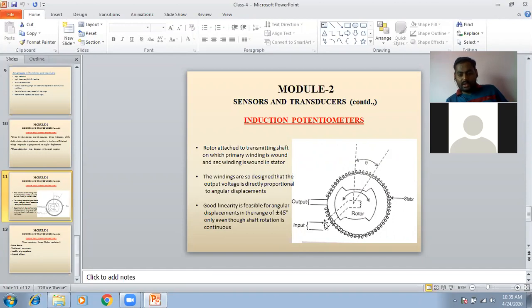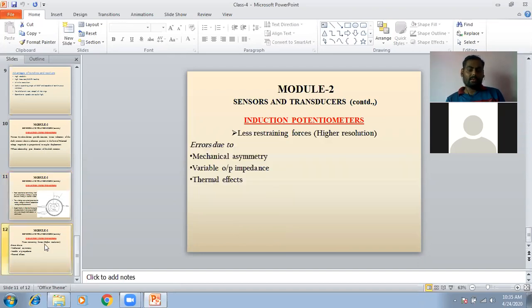Once I give the input here, the magnitude of the voltage induced in the secondary will give the angular displacement. A very important point is that these have good linearity only in the range of plus or minus 45 degrees. Beyond 45 degrees, they are not feasible.